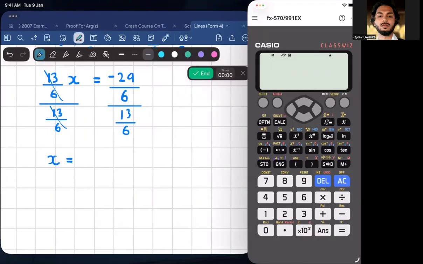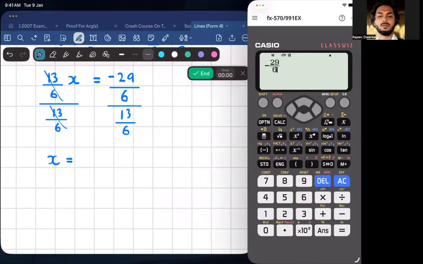Let me explain that one more time, Avinash. You're going to put minus 29, fraction button, over 6. Then press the fraction button again, put 13, press the fraction button again, 6, press equal. No, can't do it like that. You had to put in the fraction first. So put minus 29 over 6 in the calculator.